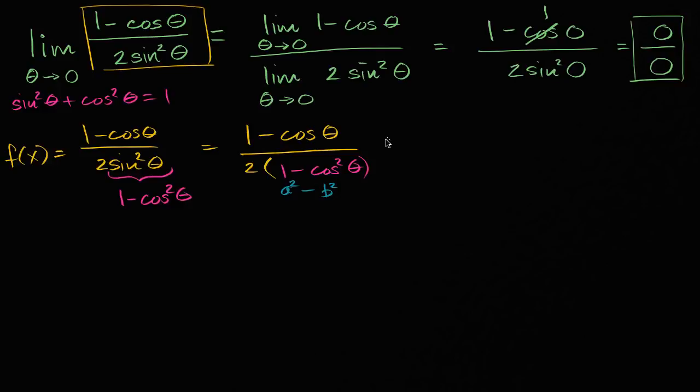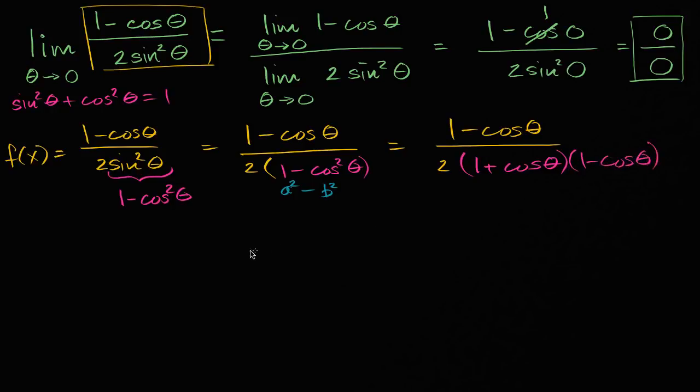So I could rewrite this as (1 minus cosine theta) over 2 times (1 plus cosine theta) times (1 minus cosine theta). And now this is interesting. I have a 1 minus cosine theta in the numerator, and I have a 1 minus cosine theta in the denominator.